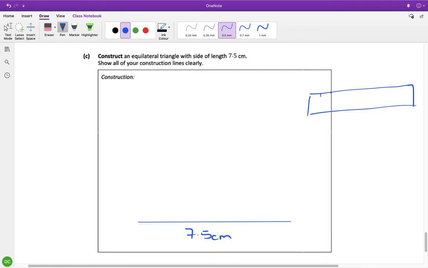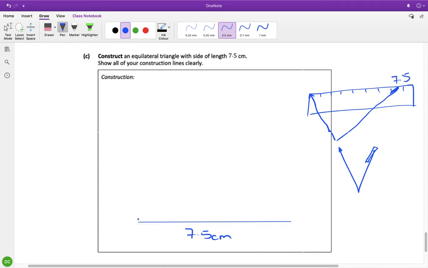You take your compass. This is the pin of the compass, and this here is your pencil. You put the pin of the compass on 0, and you put the pencil on 7.5. So you open up your compass to the correct width.